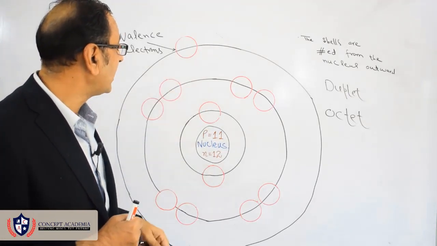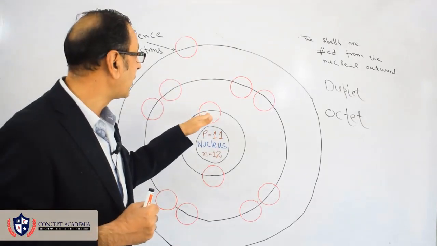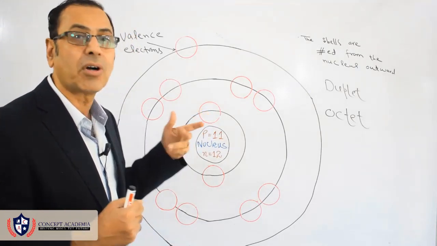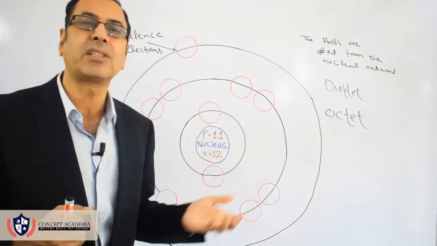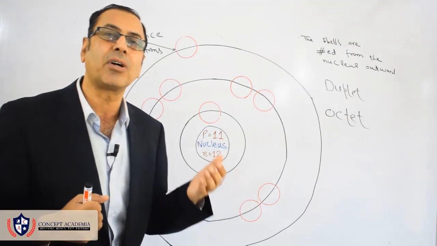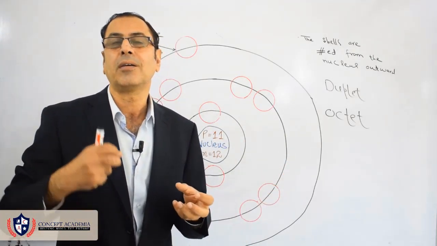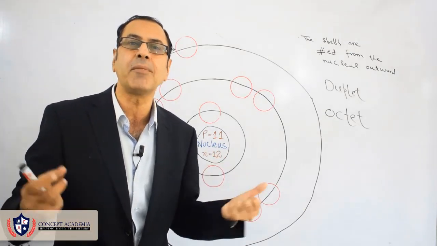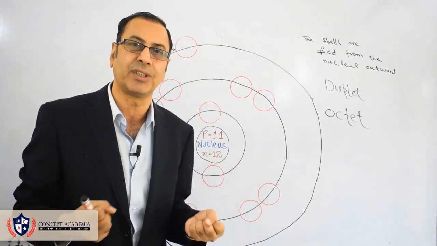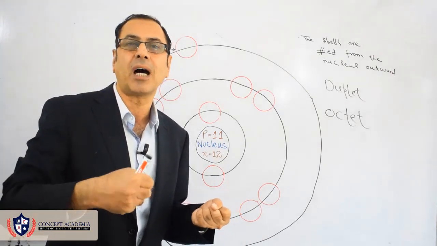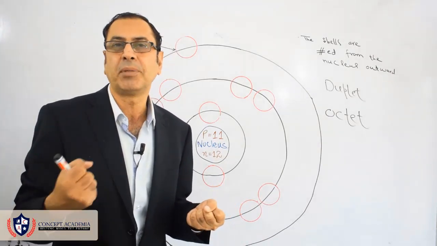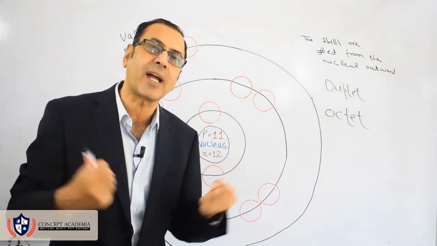These are called energy levels, and electrons have a negative charge. As electrons have a negative charge, electrons repel electrons because the same charges repel each other. But electrons are attracted by the protons because opposite charges attract each other.